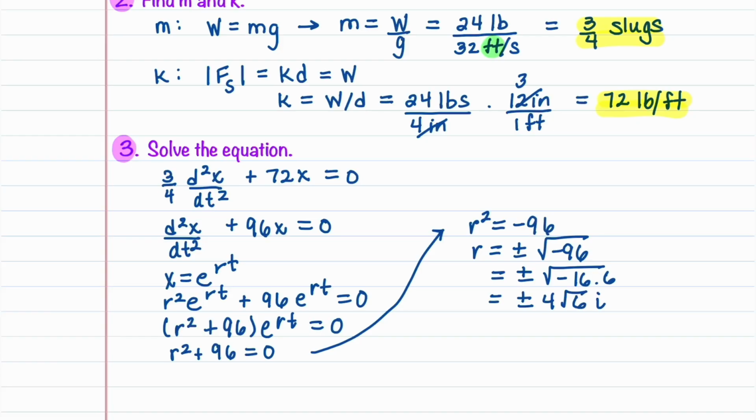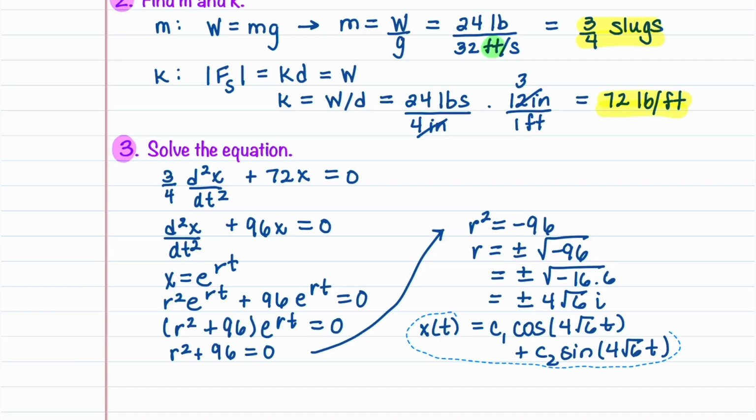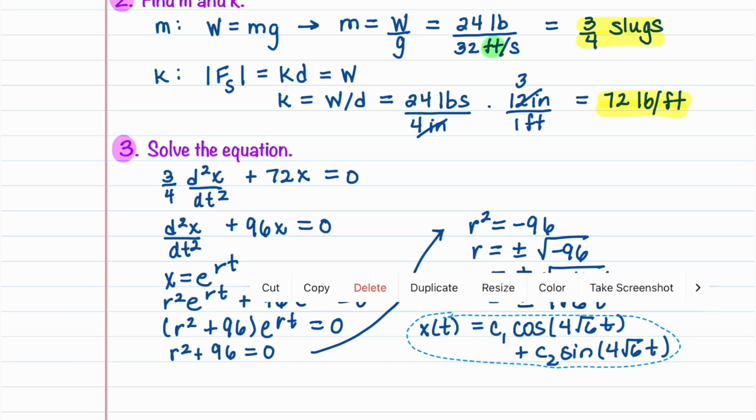Since we have a complex root, we can write our equation of motion as x of t is equal to c1 cosine 4 root 6 t plus c2 sine 4 root 6 times t. Let's now take this over to our next page because we're running out of space.